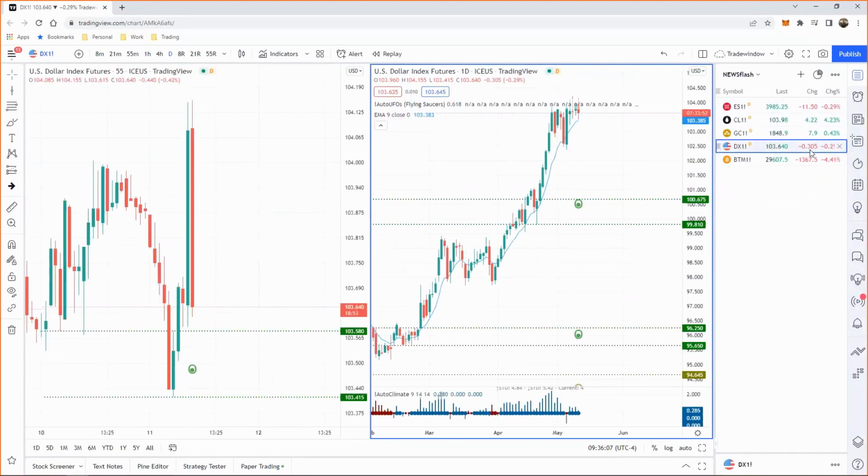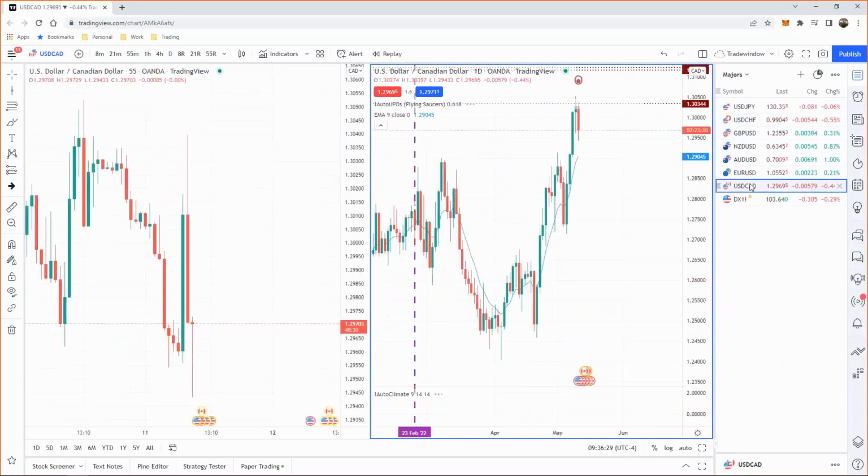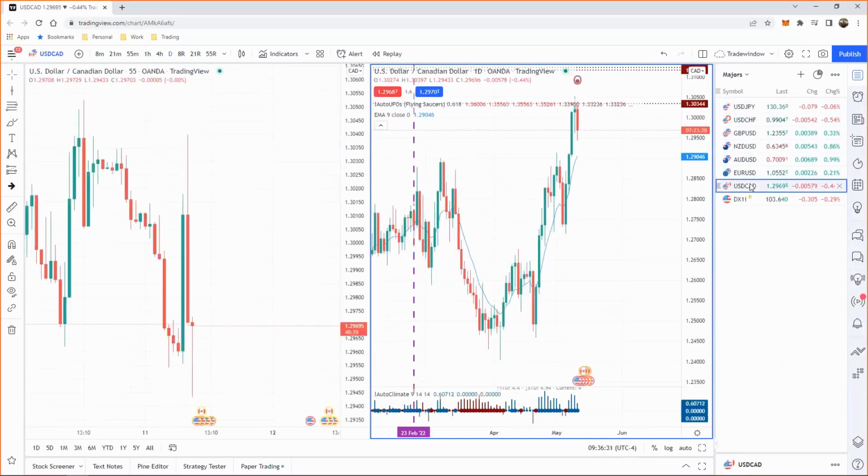Of course, I have it on delayed data here, but to see the Aussie move 1%, the New Zealand dollar move 1%, and of course the dollar pairs are all losing money, that means there's some weakness with the dollar right now. Also losing 0.5% on the CAD, right? There's definitely something going on there.